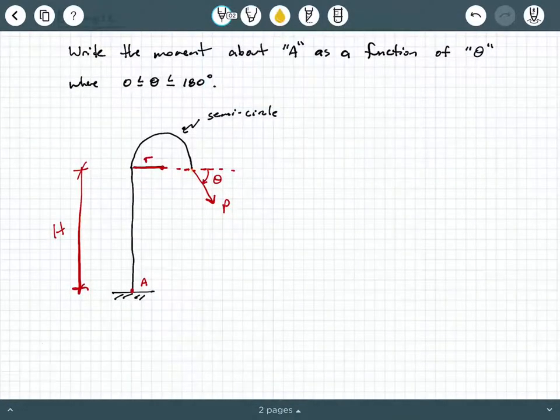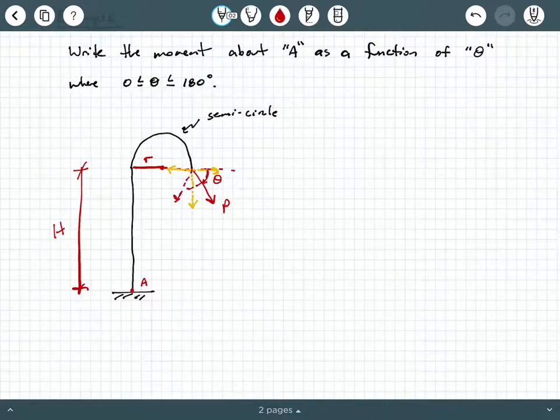So the first thing we need to recognize is that P needs to be resolved into a vertical component and a horizontal component. Now, if P swings into this quadrant over here, of course the horizontal component would end up pointing in this direction.